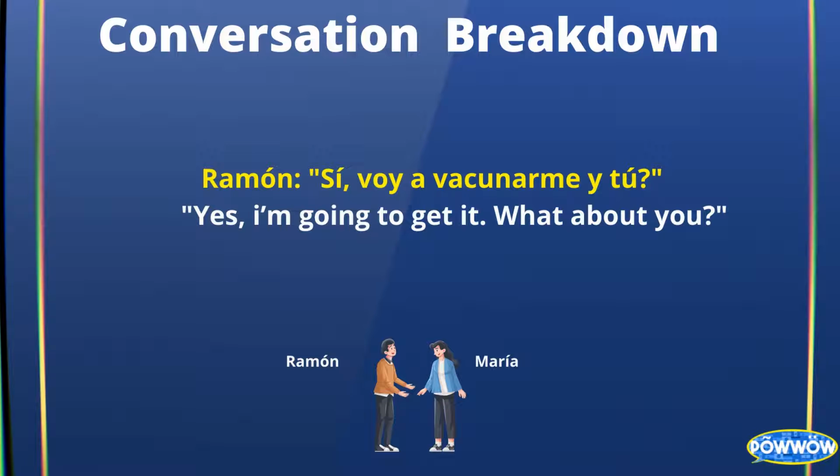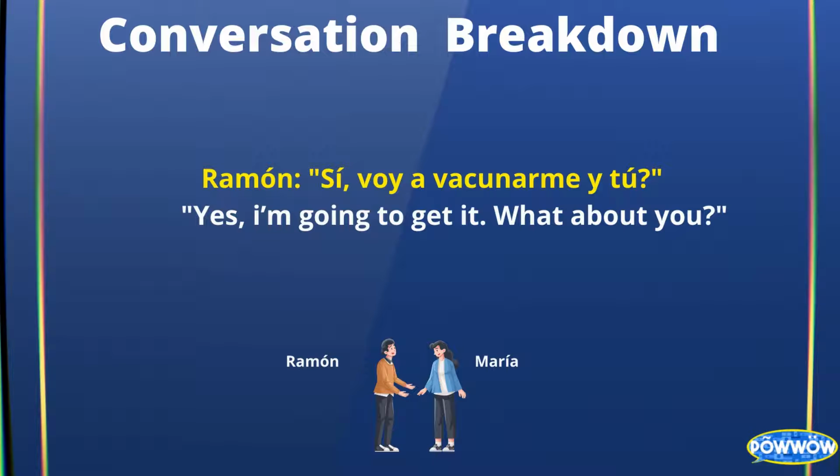Now, we know that he's not literally going to vaccinate himself. We know that someone else is going to give him the vaccine. However, he is going to take the action of getting the vaccine, and that's where the vacunarme comes in because it is a reflexive verb that he's taking it upon himself to go and get the vaccine.